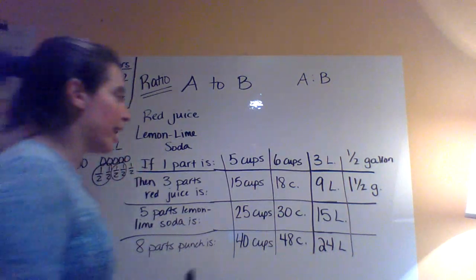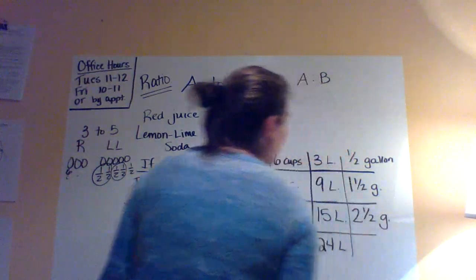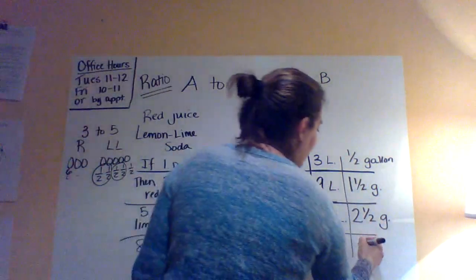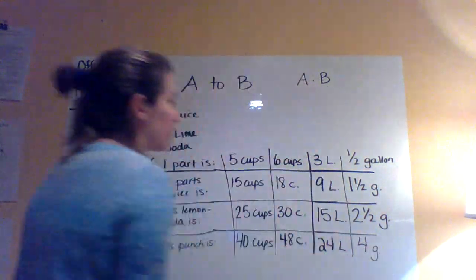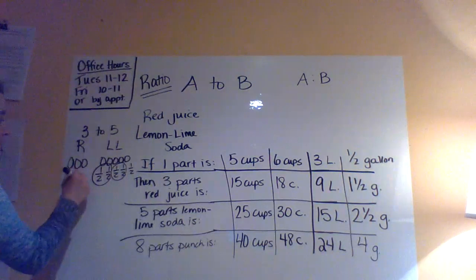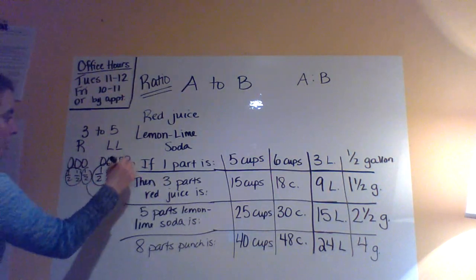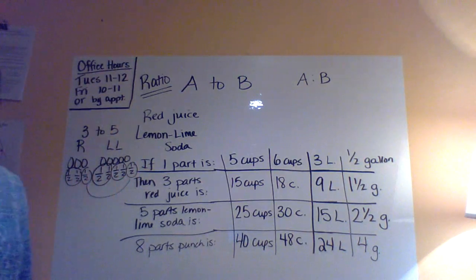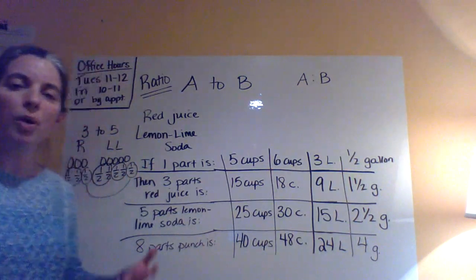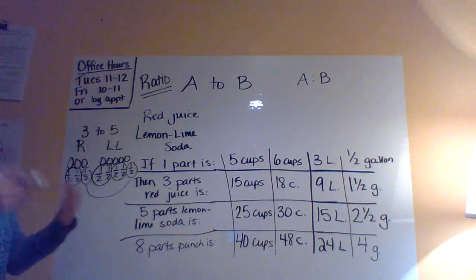So now I have 2.5 gallons. And then to find the total, I could either add these and get 4 gallons, or if I have 8 halves, right, those 2 become 1, this with this becomes 1, so I have 4 altogether. Okay, so just showing you that no matter what size you make it, the ratio is the same.